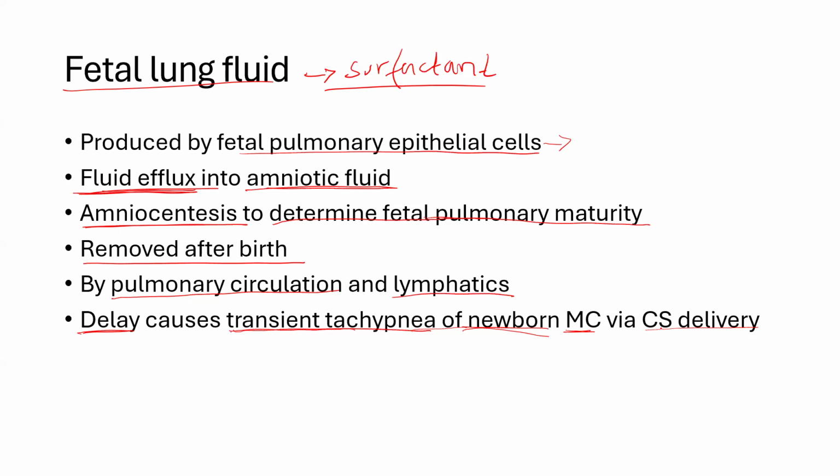And one of the preparations, it knows that in the external environment, the lung fluid will not be suitable for the external environment. So in a vaginal delivery, the fetal lung fluid is absorbed. It has sufficient time for absorption.